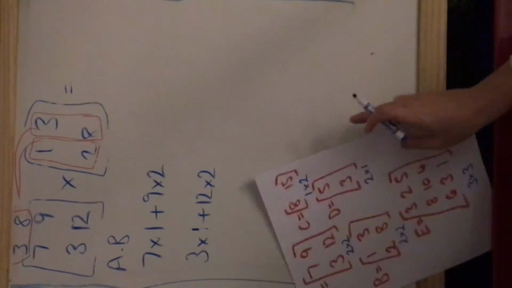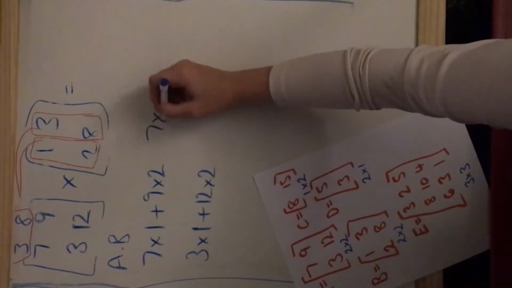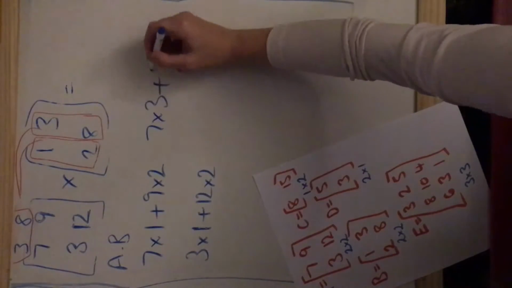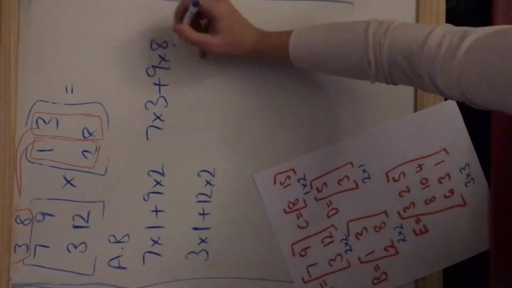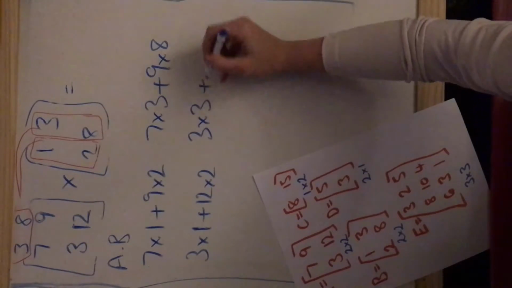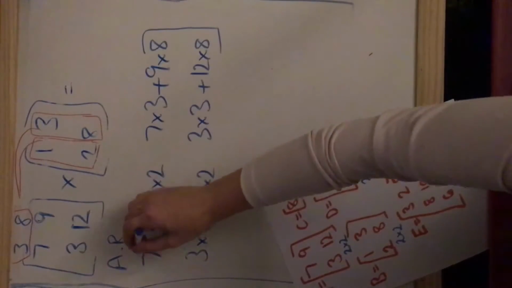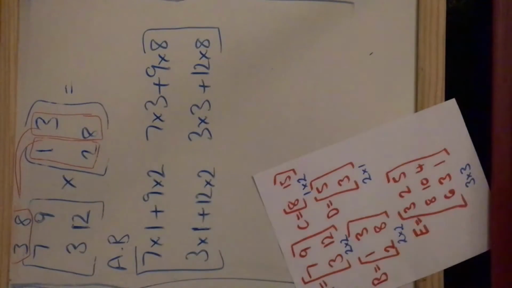So then over here we would have 7 multiplied by 3 plus 9 multiplied by 8, and then 3 multiplied by 3 plus 12 multiplied by the 8. And this gives us our matrix answer.